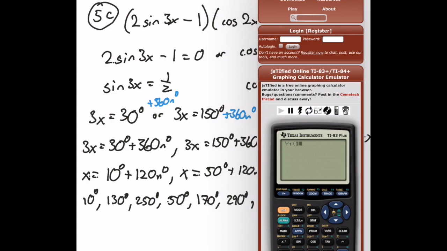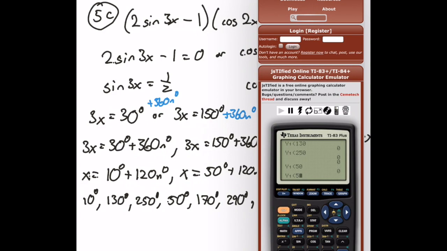Okay, so when I plug in 10, the result should be 0. Cool beans. When I plug in 130, the result should be 0. Okay. When I plug in 250, the result should be 0. Okay. When I plug in 50, the result should be 0. Okay.